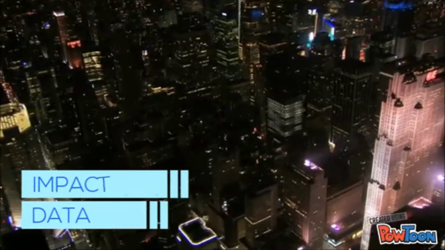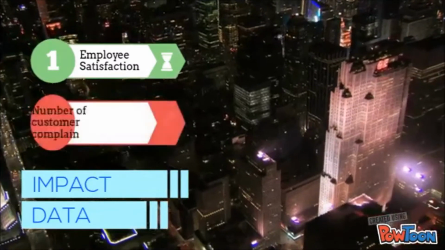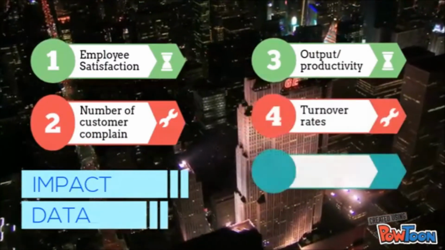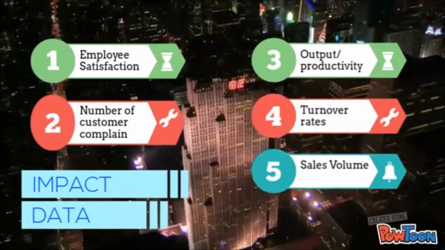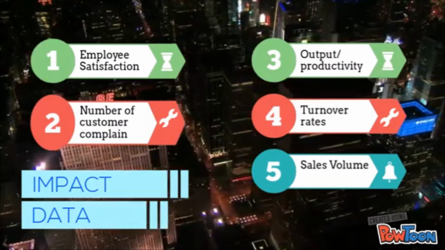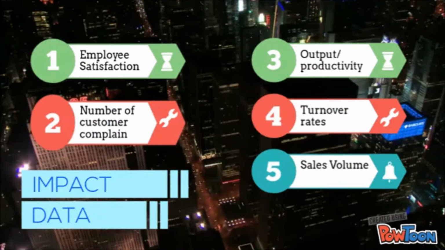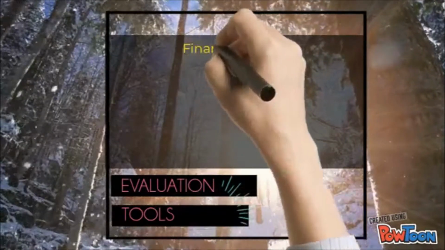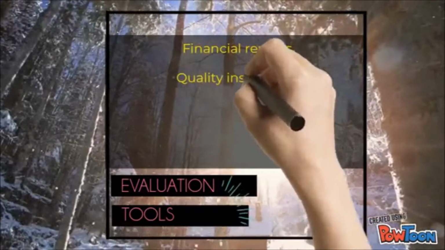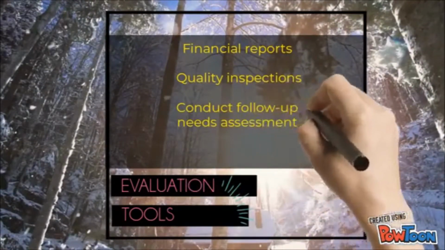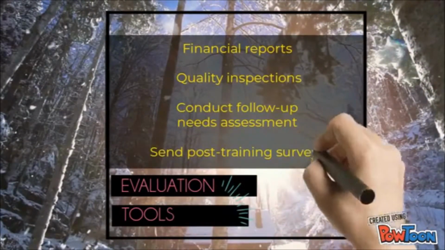Impact data at this level are: first, increased employee satisfaction; second, decreased number of customer complaints; third, increased output and productivity; fourth, decreased turnover rate; and the last one, increased sales volume. The evaluation tools for this level are financial reports, quality inspection, conducting a follow-up needs assessment, and sending a post-training survey.